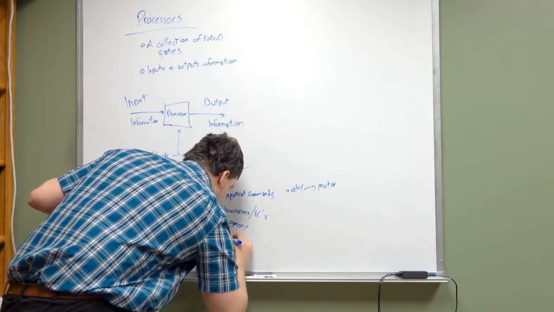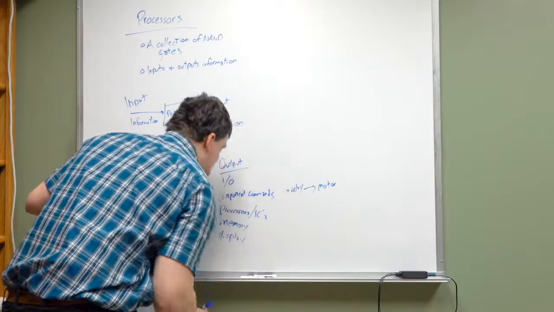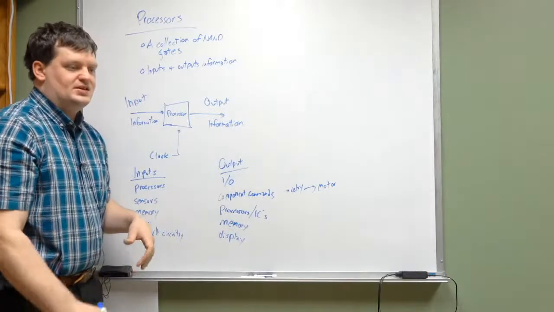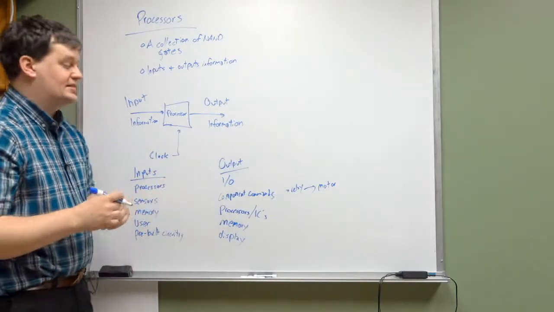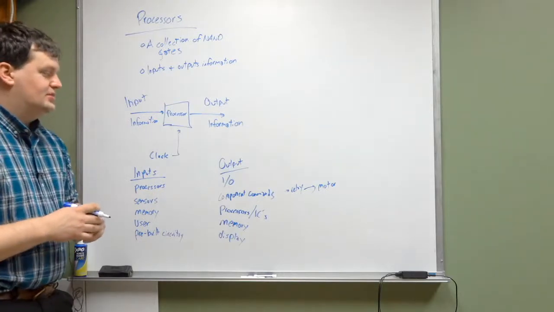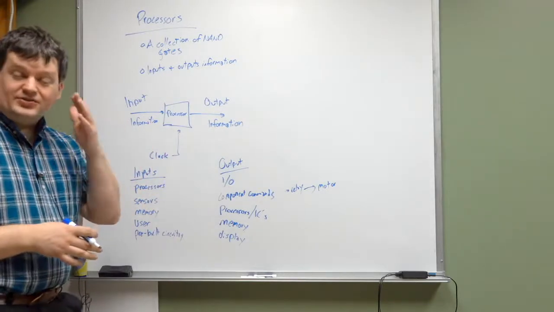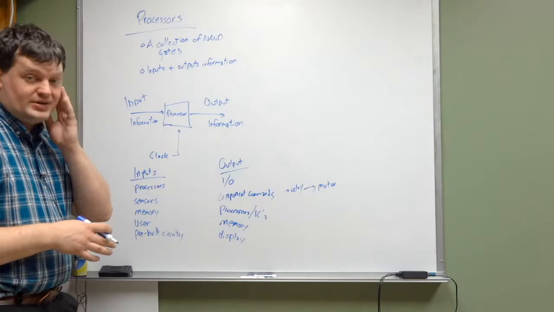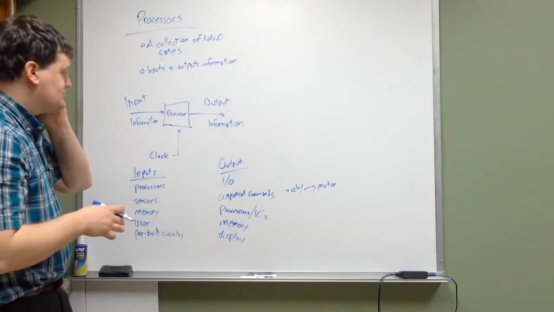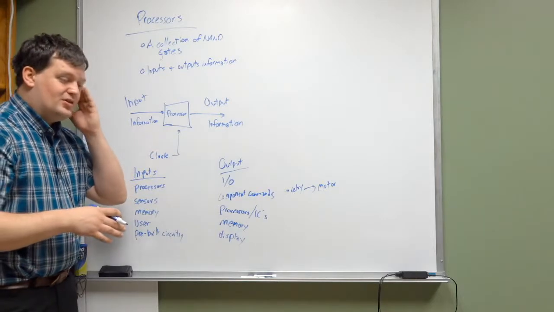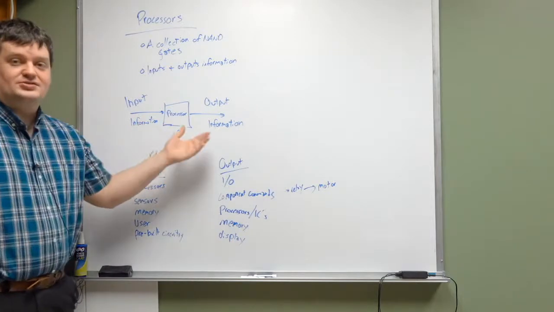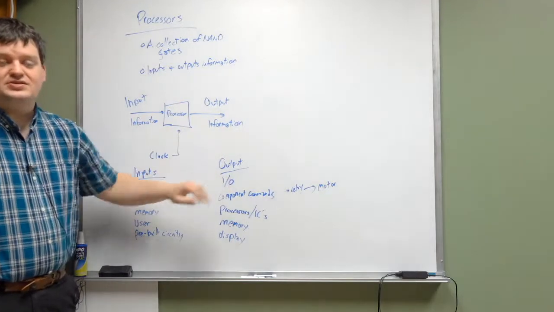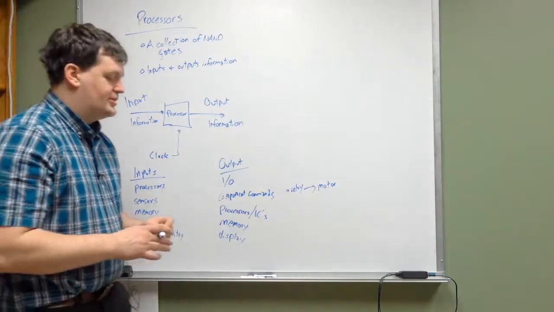Sometimes this goes to a display. Sometimes this just goes to components that provide a visual display, like LED lights. So a lot of different types of information can be output or input into a processor. But at the end of the day, all this is just a control system. There's an input, there's processing done to the input, and there's output. Okay?